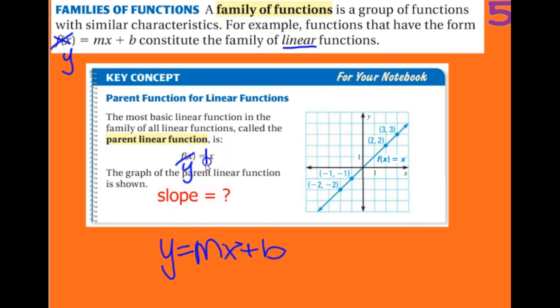Our m, our slope, is 1, or as a fraction, 1 over 1, and our b, our y-intercept, is 0. This is our parent function, which we are going to compare all of our graphs to. It starts at 0 and has a slope of 1 over 1, so rise 1, run 1. That's how we create this line, and that's what we're going to compare all of our lines to. We call this line f of x.